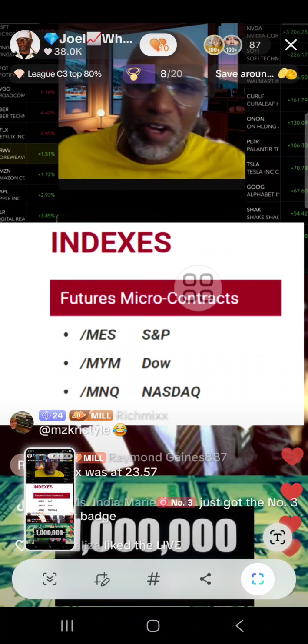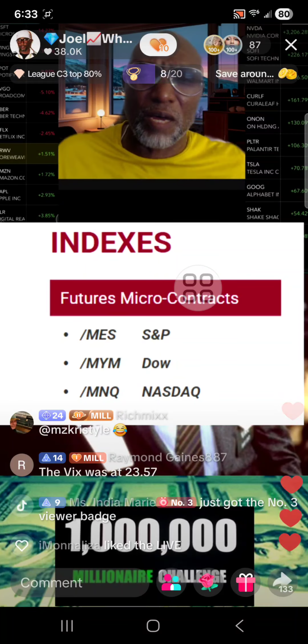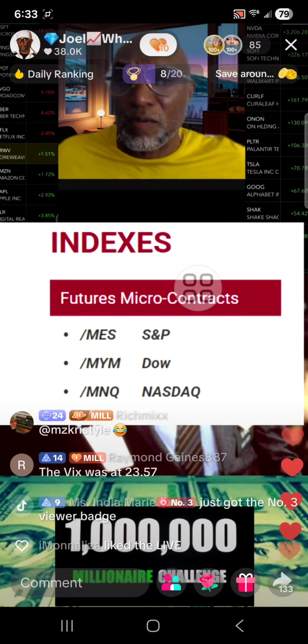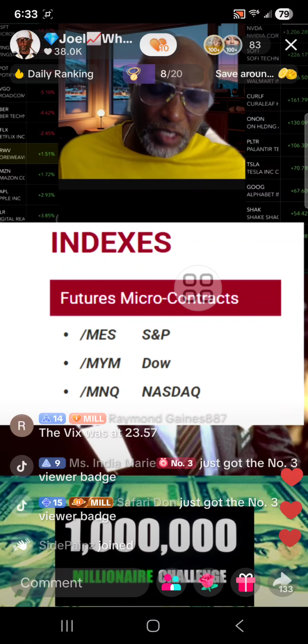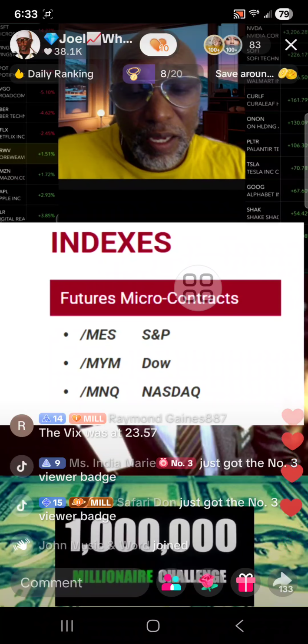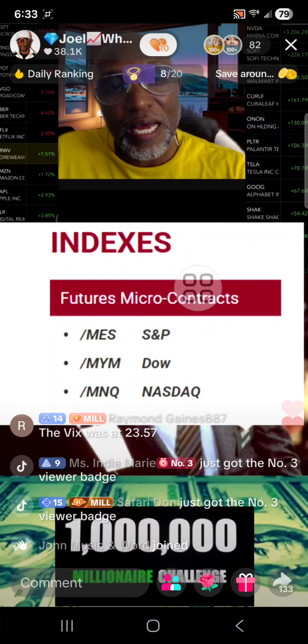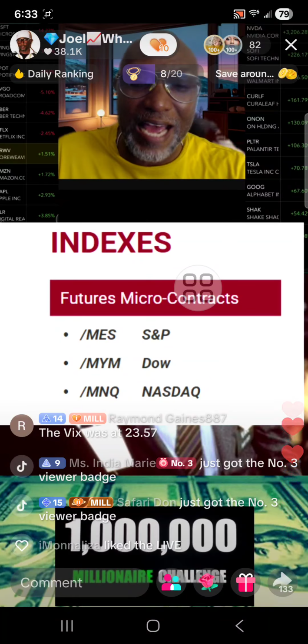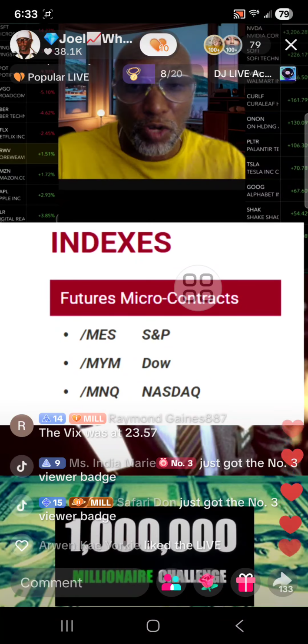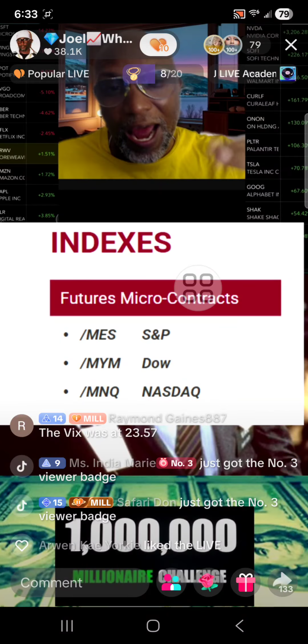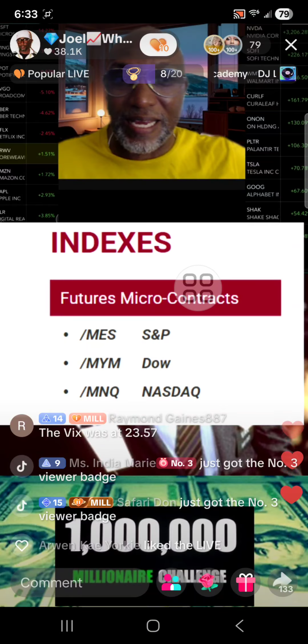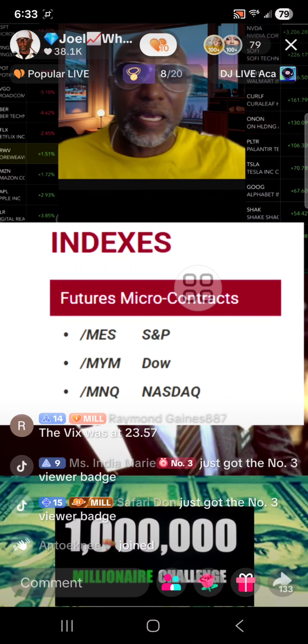The S&P 500 represents the 500 largest companies on the planet. The MYM represents the Dow 20. And then the MNQ represents the NASDAQ 100 tech stocks that's out there. You can trade all three. And I should have added the Russell, which is the M2K.